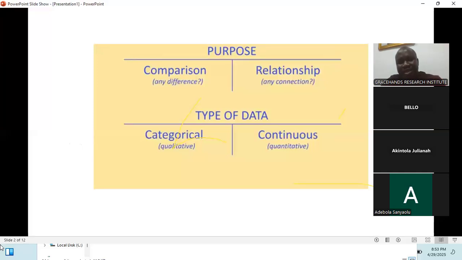If you understand this type of data, it will help you to formulate your questionnaire, your objective, your hypothesis, and help you to pick the right data analysis technique for your research. I hope I'm communicating. I told you this class is going to be powerful. All right, let's continue.